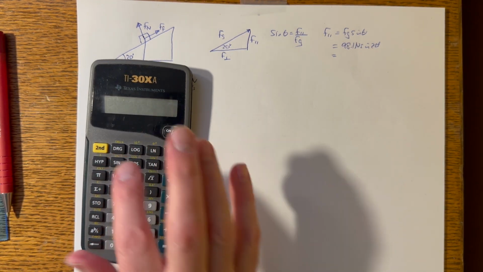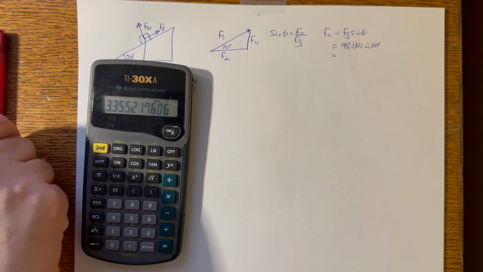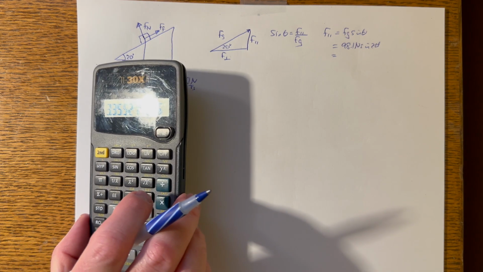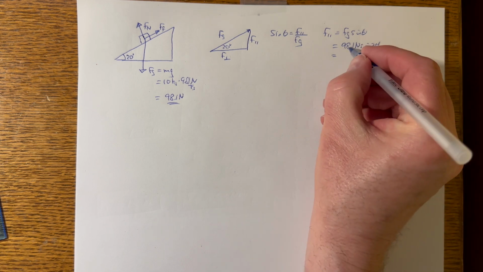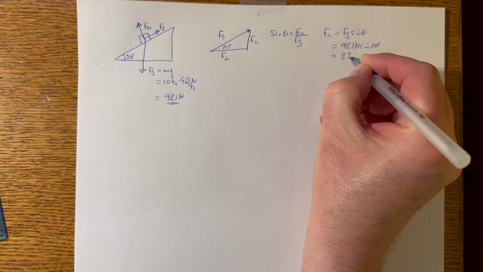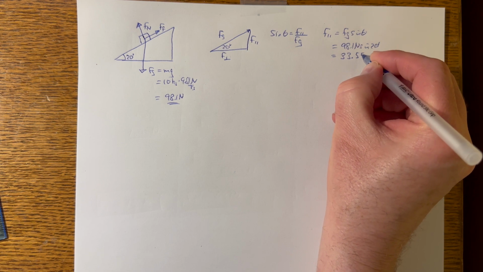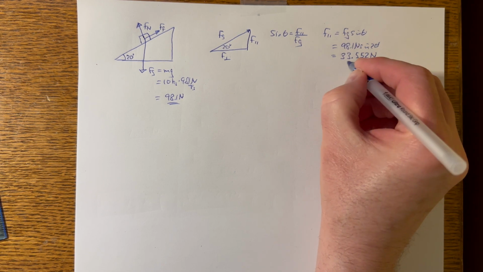So 20 sine times 9.81 equals, and I've got a value for that, 33.55. I'll put a couple extra digits for now. I'll round off to proper sig digs at the end. Great.